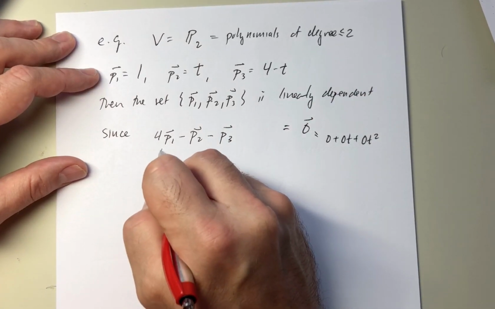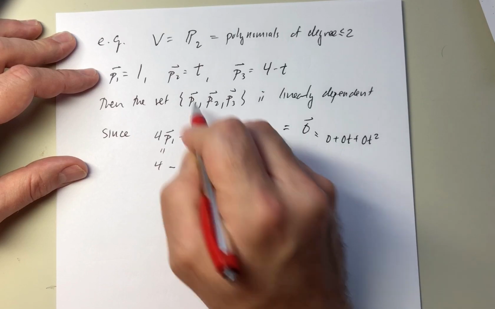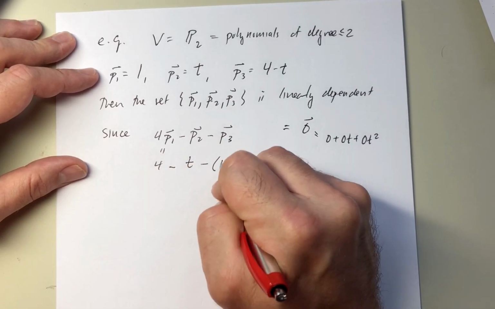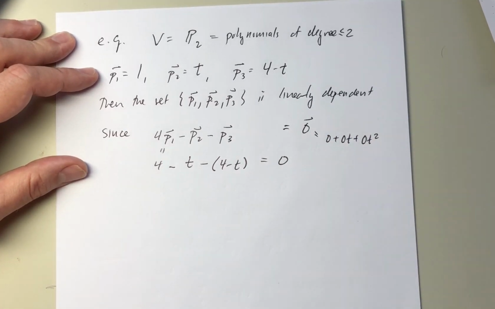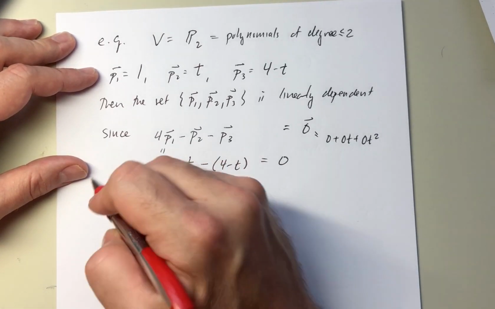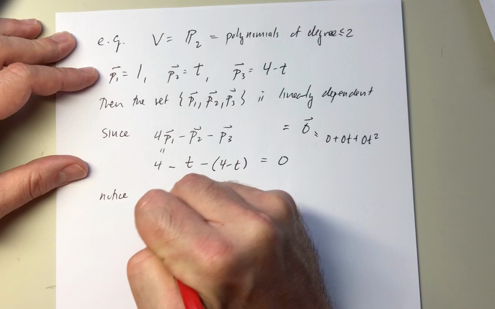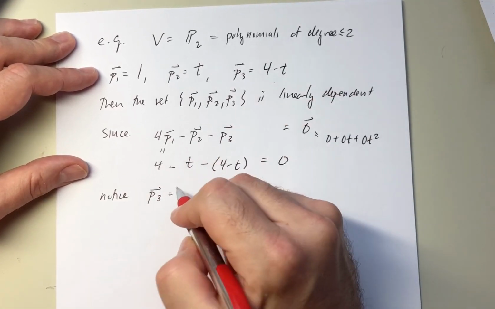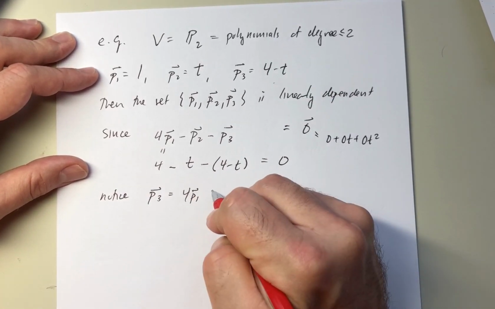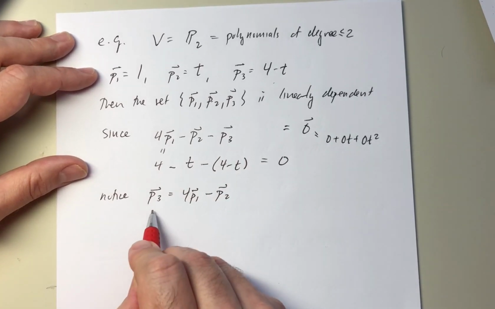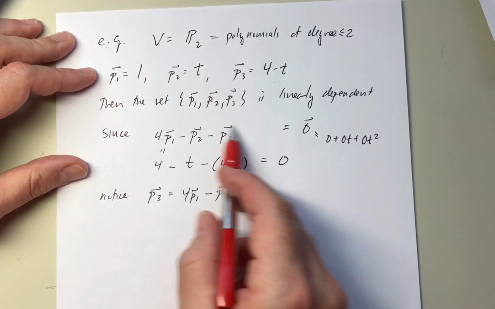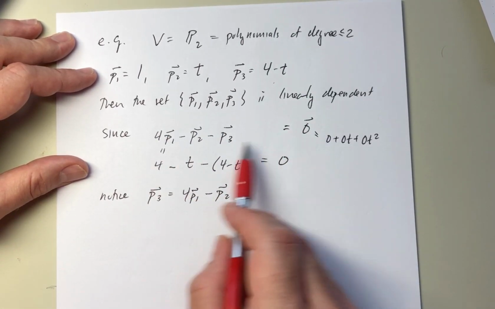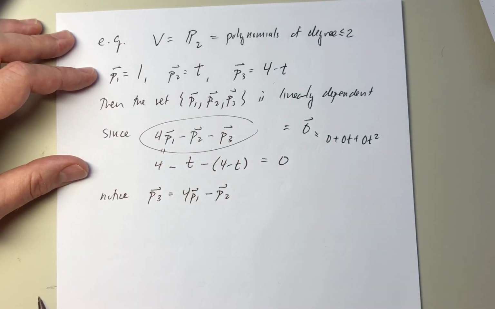Well, 4P1 is just 4, and then I get minus P2, which is t, minus P3, which is 4 minus t, and if you check, this equals 0. If I did that right, it looks good. And of course, you notice that I can write the vector P3, which is 4 minus t, as 4 times P1 minus P2. So you see that I can write this vector P3 as a linear combination of the others. That means that this collection is dependent. That's the same thing as saying that I can write the 0 vector as a linear combination of the vectors you gave me.